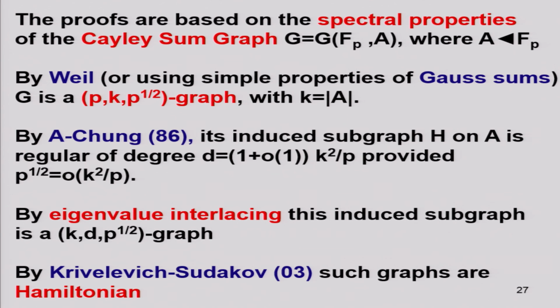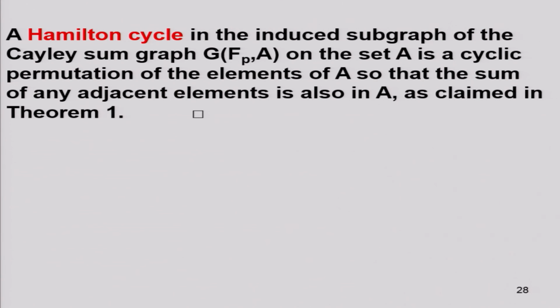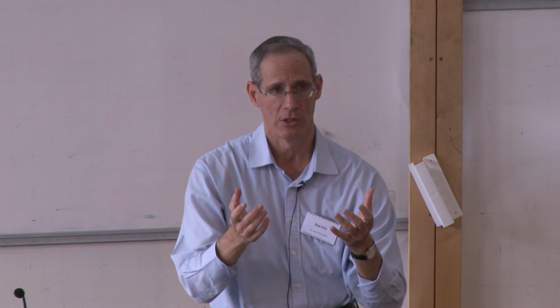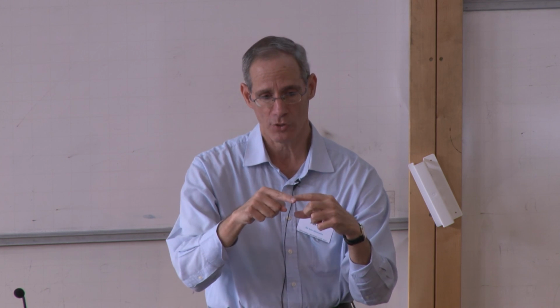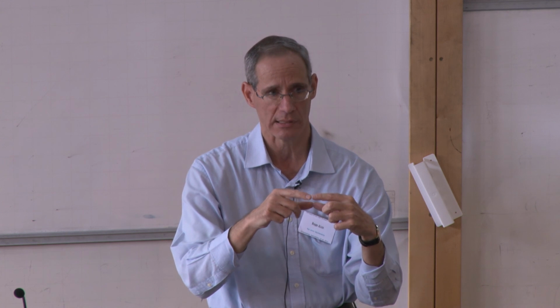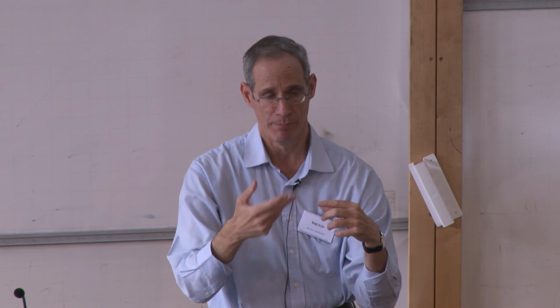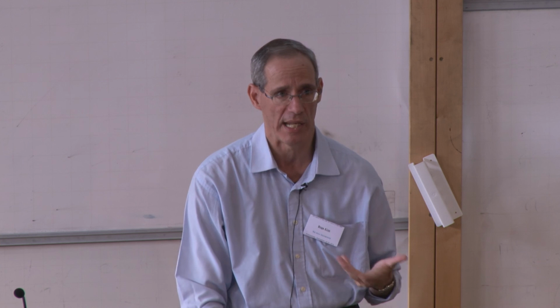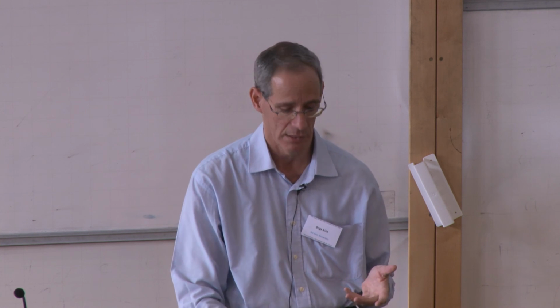Such graphs in which lambda is significantly smaller than d are Hamiltonian. They have a Hamilton cycle. And if you think what a Hamilton cycle is, then a Hamilton cycle in this induced subgraph is exactly a cyclic permutation of the elements of A, so that for every two consecutive ones, the sum of them belongs to A, because this was the way the Cayley Sum Graph was defined.